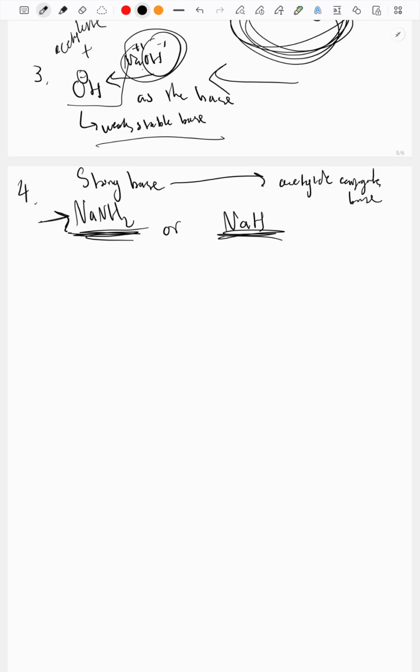And so what does this look like in practice? Well, if we had a molecule like R, C, C, and then H, with a bromine and another bromine, and we reacted this with two equivalents of NaNH2, which is a strong base, in NH3 solvent, which is just a solvent, then basically we want to form an alkyne.